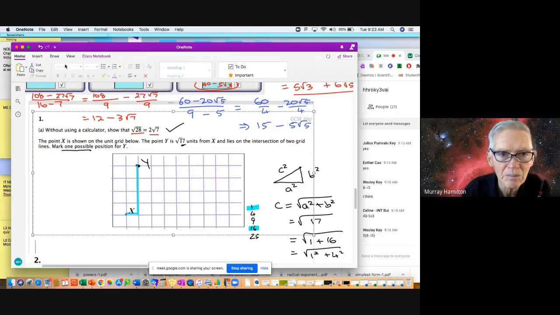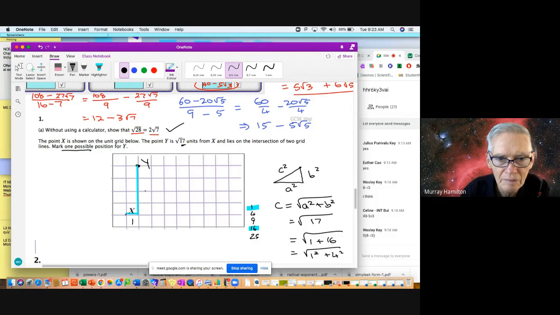And I'm just going to mark on here that this is 1 unit. This is 4 units. 1 squared plus 4 squared, 16, square root of 17. So this line going up from here to here would be square root of 17 units.